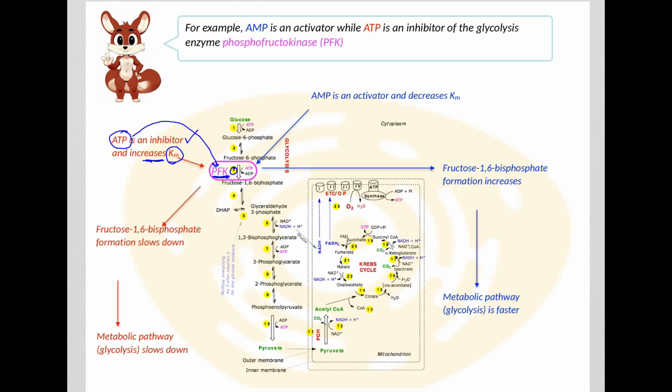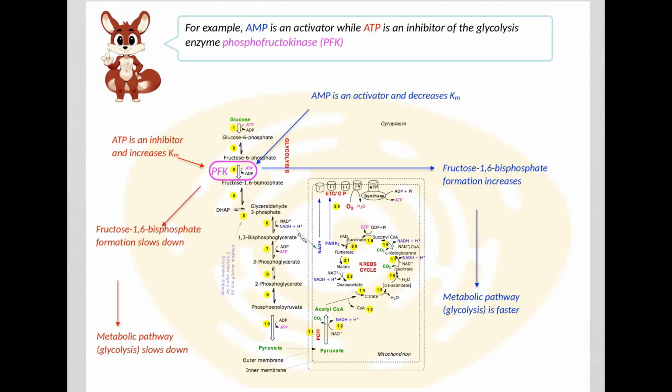Therefore, ATP is an inhibitor. Increasing the Km would mean that this reaction, number 3 here, would go slower. This reaction rate decreases. And when this reaction rate decreases, the formation of the product of this reaction, fructose 1,6-bisphosphate, slows down. And that eventually slows down the whole metabolic pathway of glycolysis.